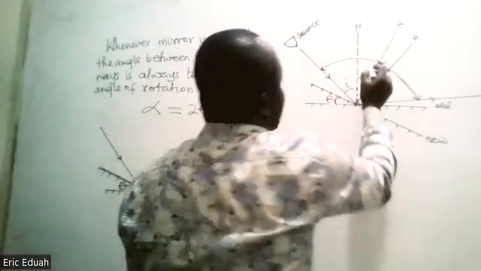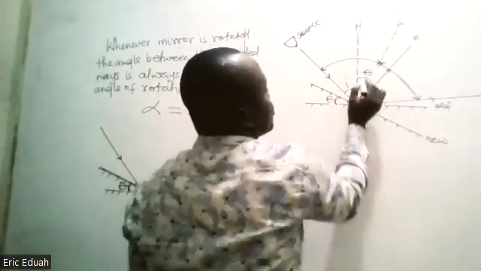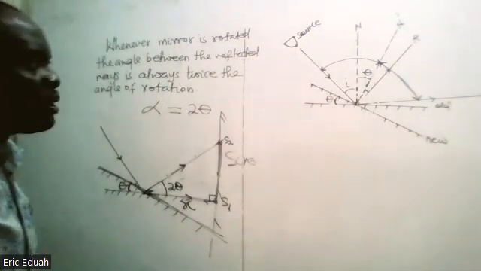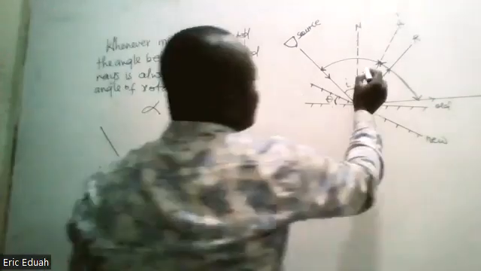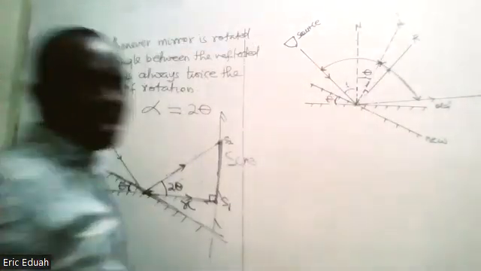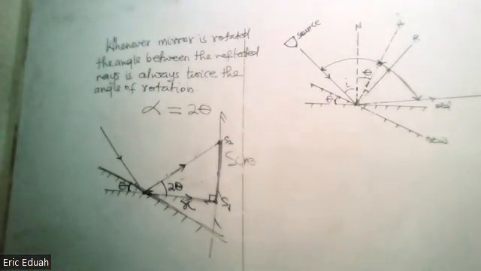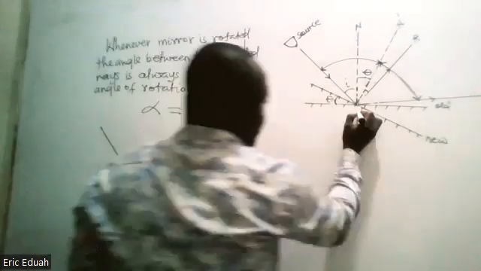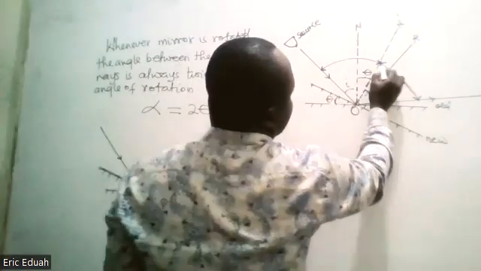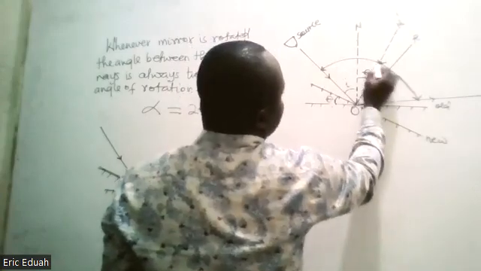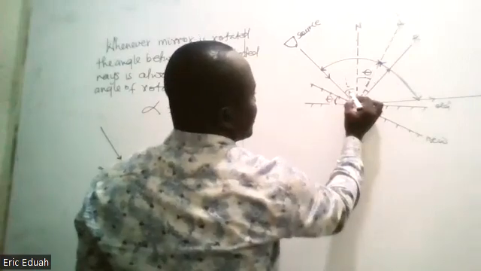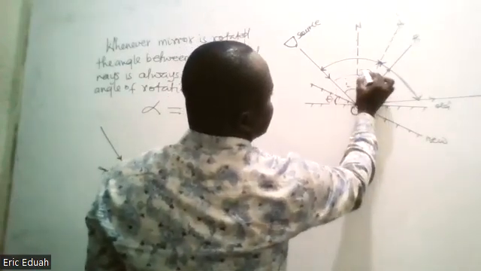So if this is theta, the angle between this and this would also be theta, because they move together. Now let's find the angle between the incident ray and n prime, which is the new normal. What do you think will be the angle? This whole angle, the new angle of incidence, is made up of this angle plus this angle.